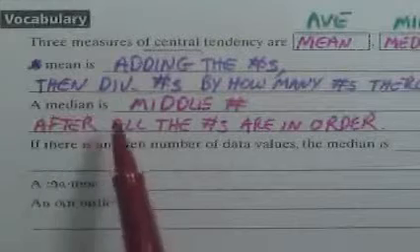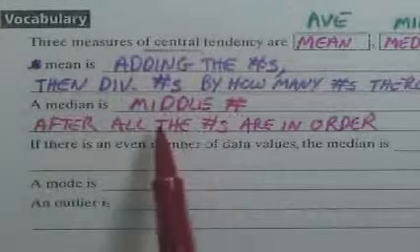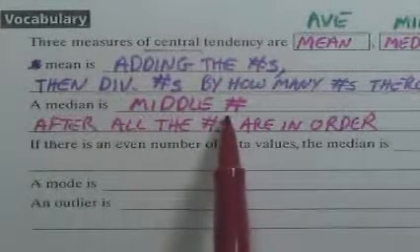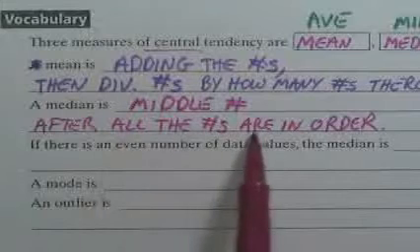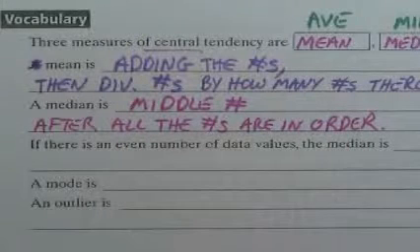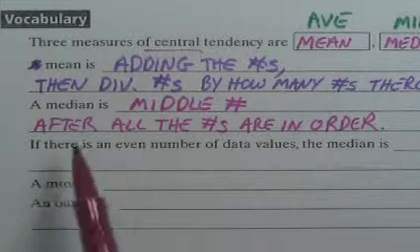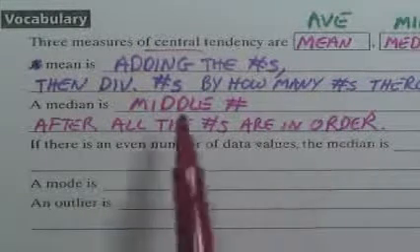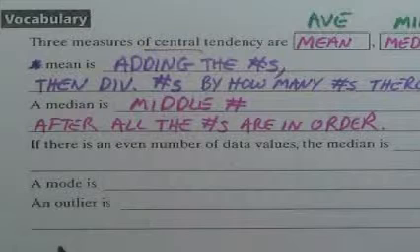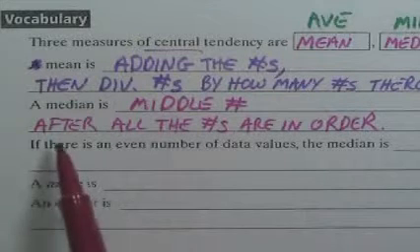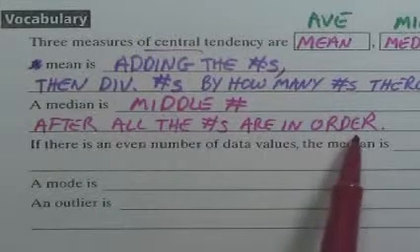Okay, median. Median is the middle number after all the numbers are in order. So you have to first put all the numbers in order, then find the middle number, and that's the median.